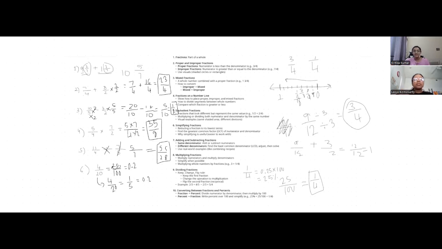Another thing is, let's say you have 0.2 given to you as a decimal, and they ask you to convert it into a fraction. You can multiply 0.2 by 100, which gives you 20, and then you divide that by 100 and simplify.